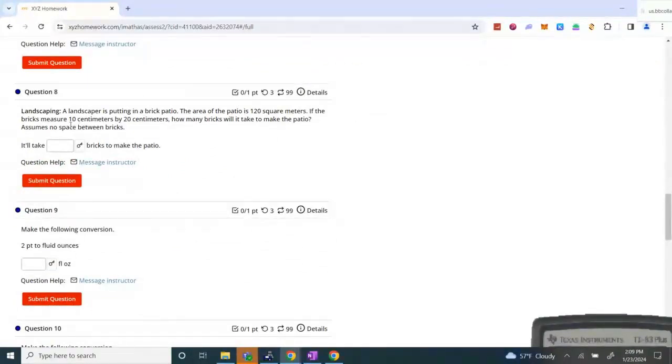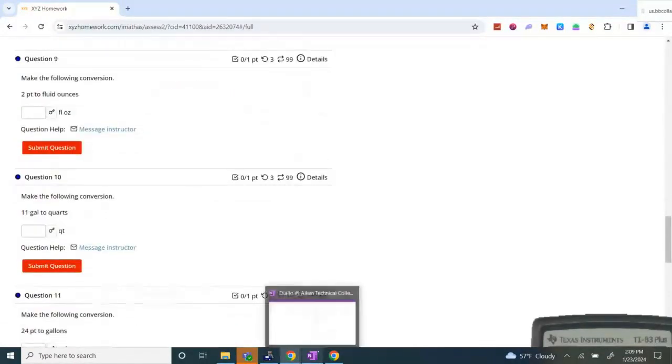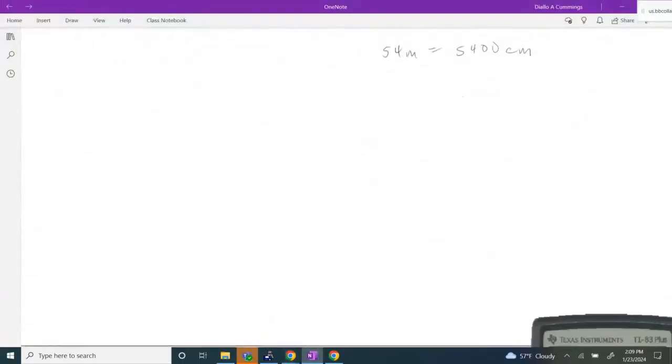I multiplied 10 centimeters by 20 centimeters, and that gave me 200 square centimeters.